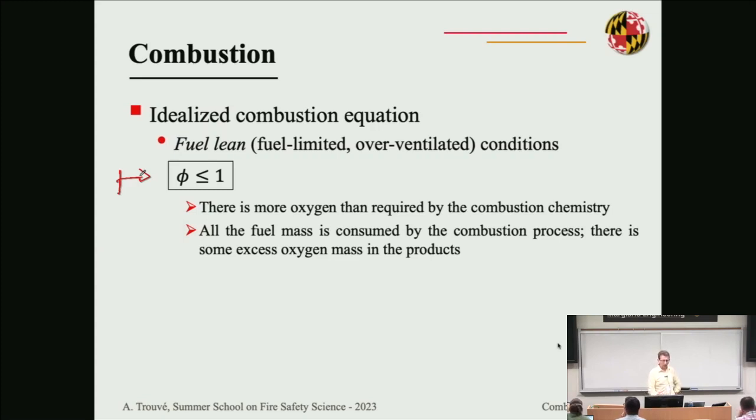That means that we have more oxygen than required by the combustion chemistry. So we're going to have plenty of oxygen to completely oxidize the fuel present inside the control volume. This is the overventilated regime. Under this condition, the combustion process will burn all the fuel and will leave some excess oxygen in the combustion products.